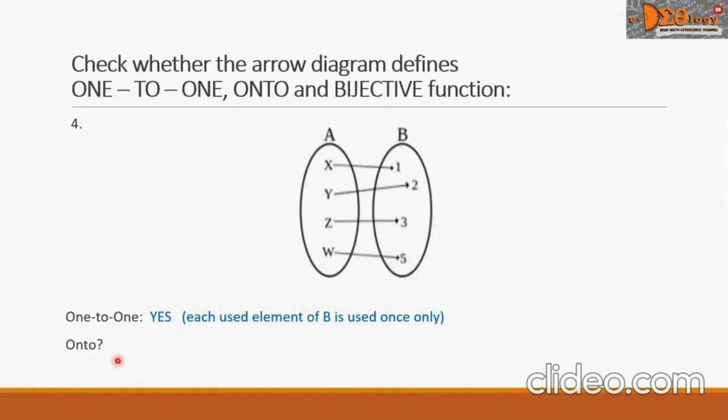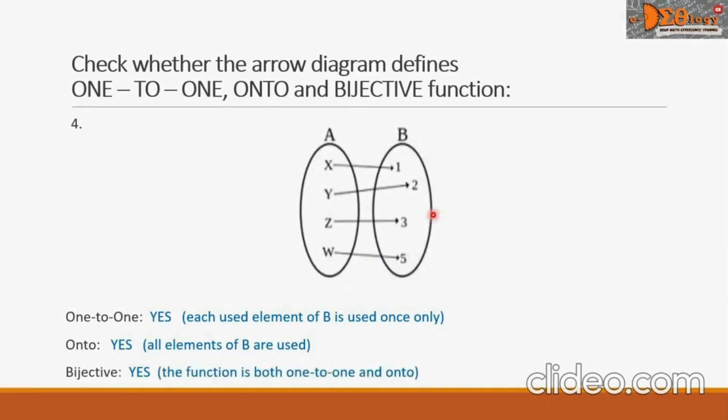The answer is yes, because all elements of B are used. Or we can say the range and the codomain are the same. Next question, is the function bijective? The answer is yes, because the function is both one-to-one and onto. This is our final answer.